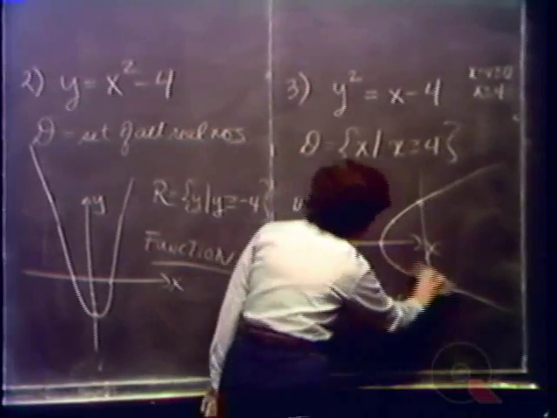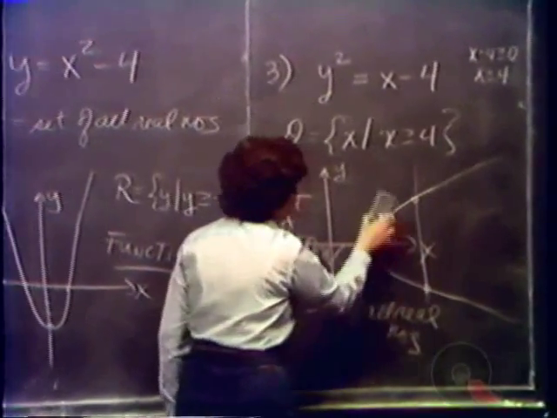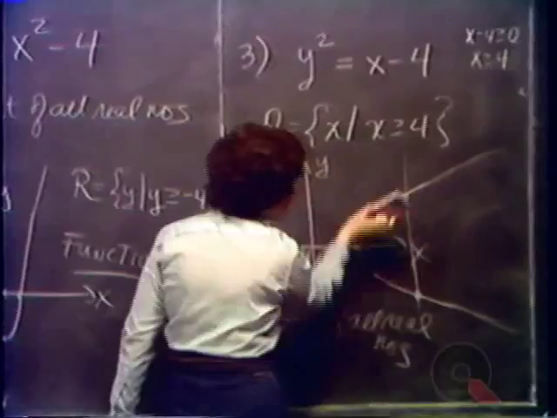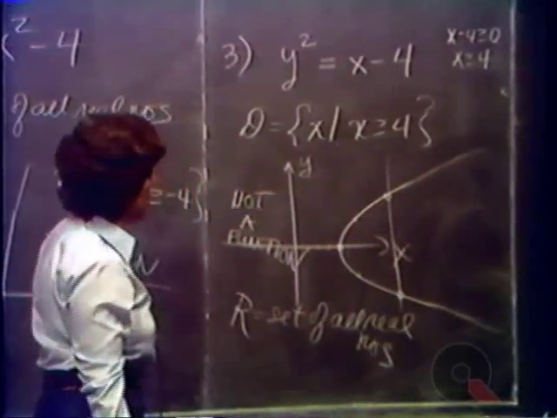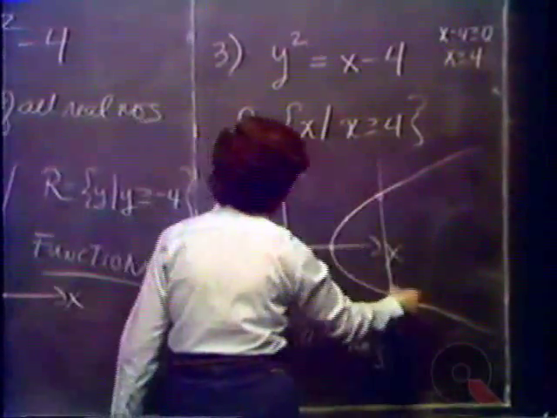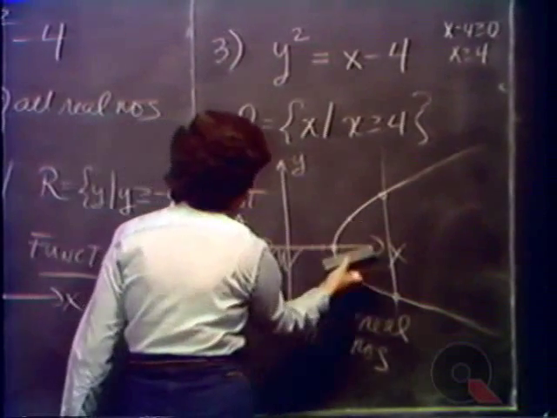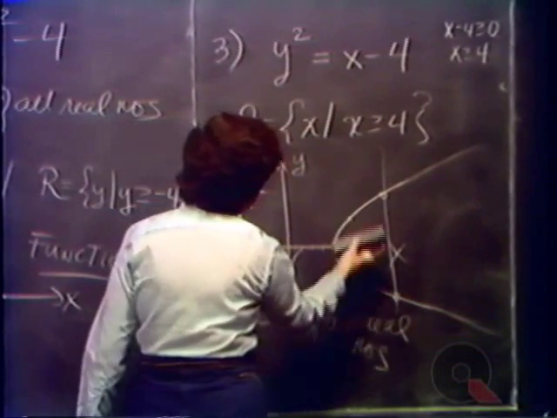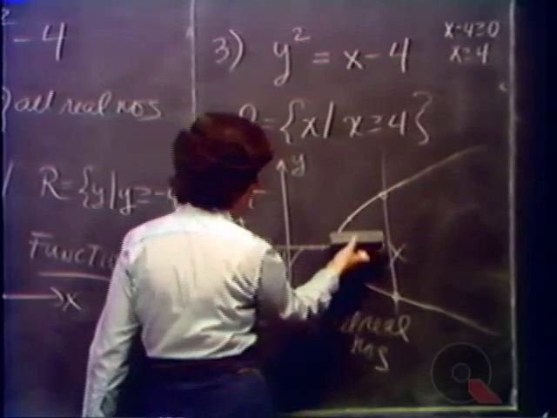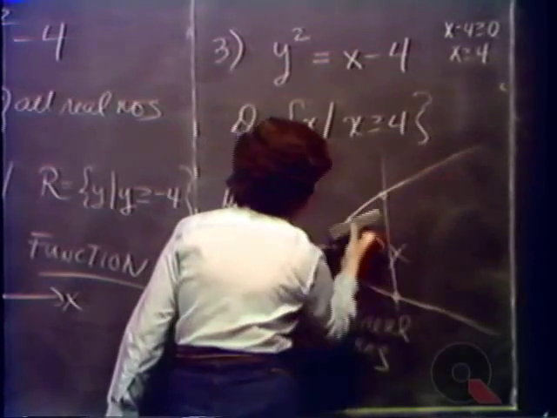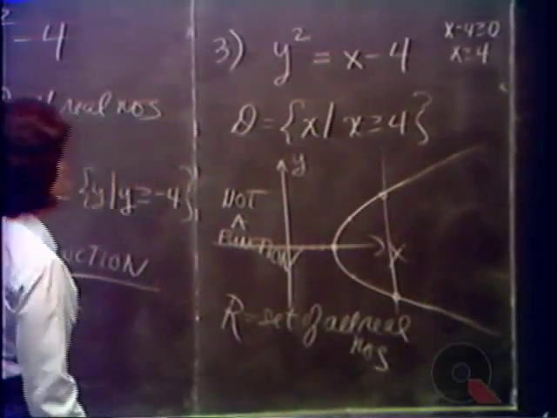The top half by itself would be the graph of a function. The bottom half by itself would also be the graph of a function. Although this is not the graph of a function, you could consider it as taking 2 different functions and combining their graphs.